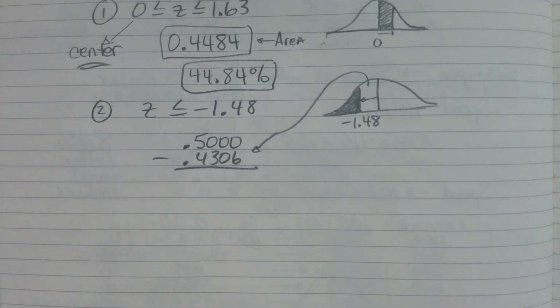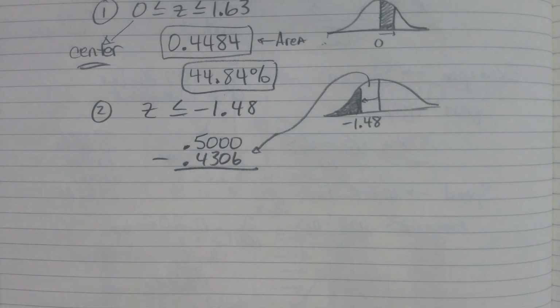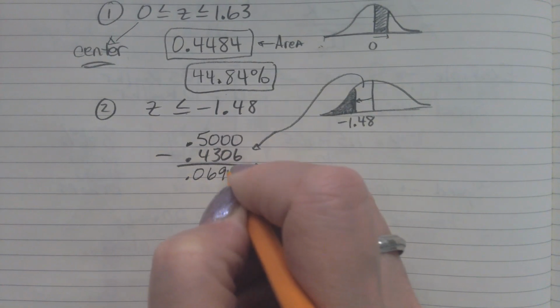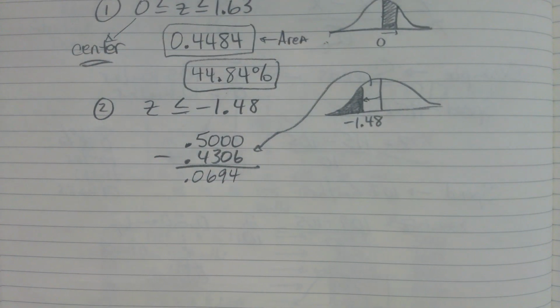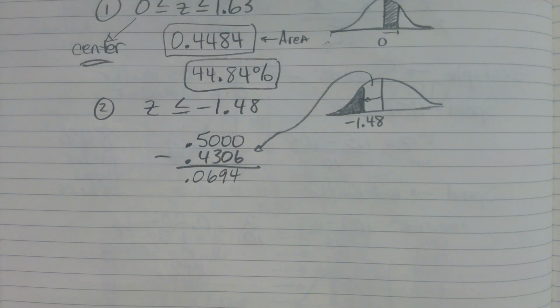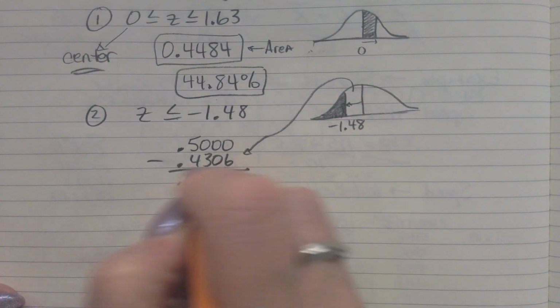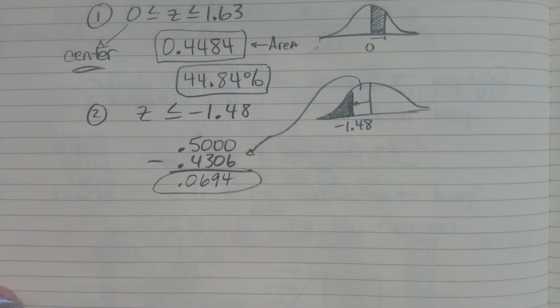Good? Okay. And I subtract that off, right? Oh, my brain's not working today. 0.0694. Okay. So obviously my picture is not drawn to scale by any means, but that's okay, all right? So there is my answer, approximately 6.94%.